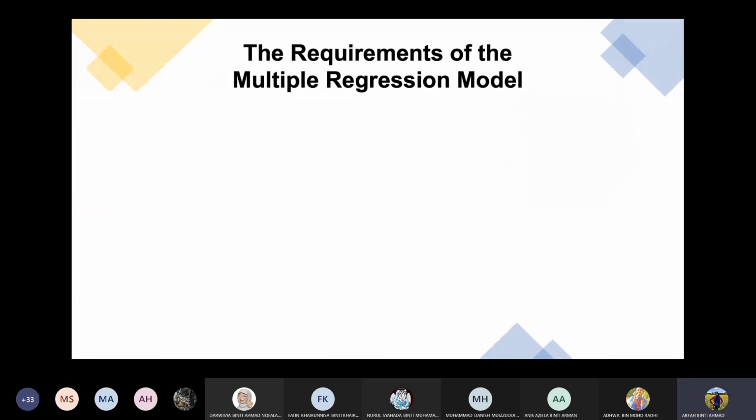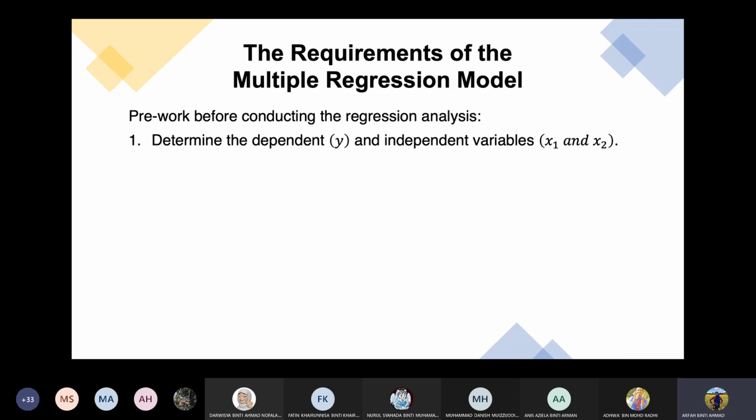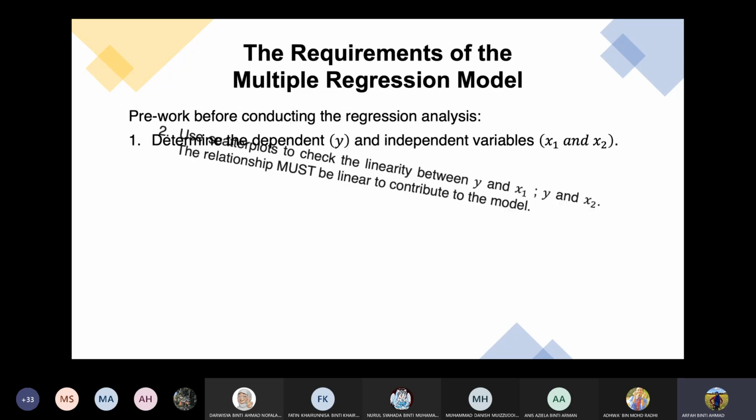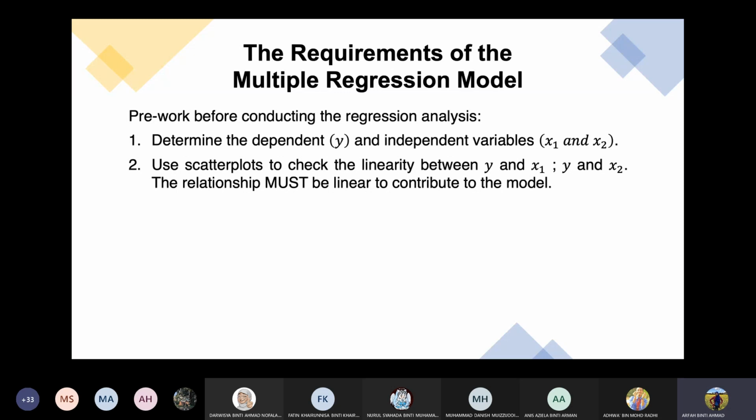So the requirement of the multiple regression model, the pre-work before conducting the regression analysis. Okay. So macam mana dia punya step by step? First, determine the dependent variable Y and independent variables X1 and X2. And then use the scatter plot to check the linearity between Y and X1, Y and X2.